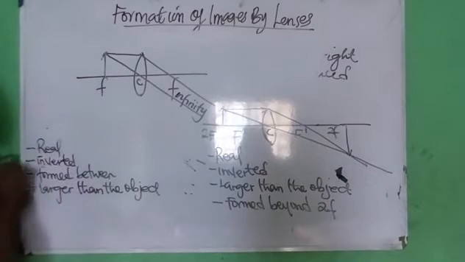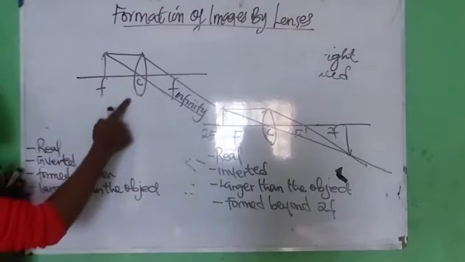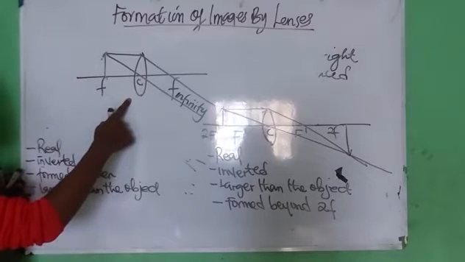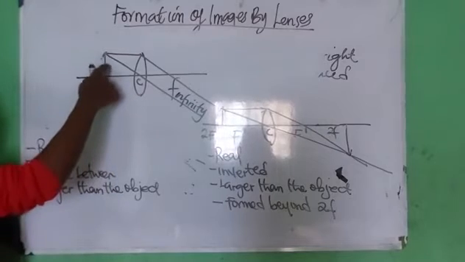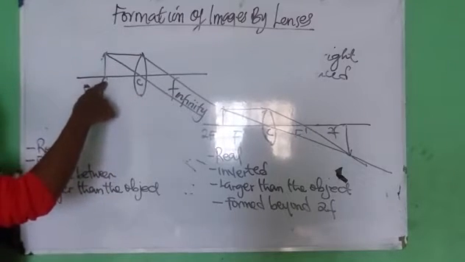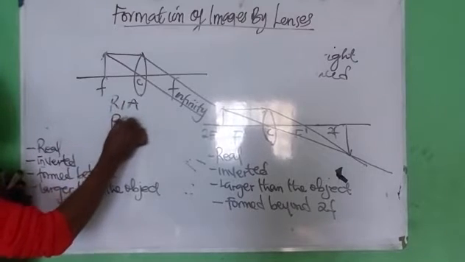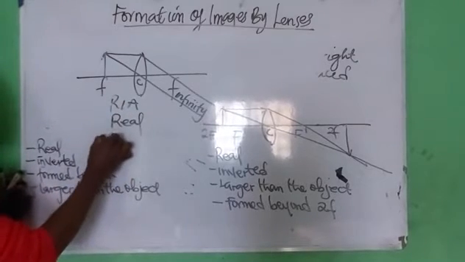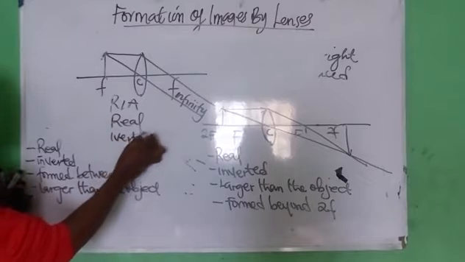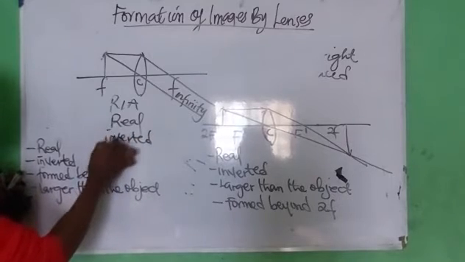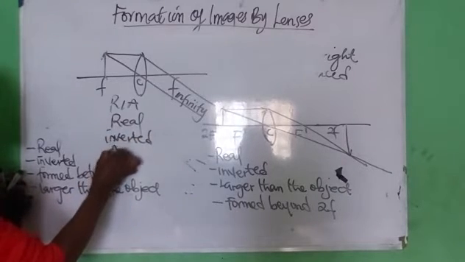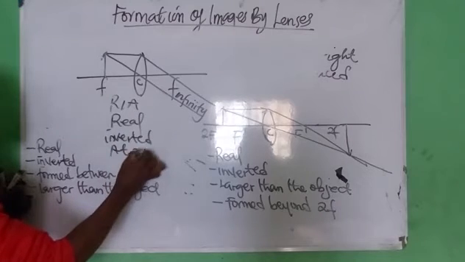F. Now, please, the characteristics of an image formed when an object is placed at f, I call it real. It is real, inverted, real inverted, and is formed at 2f.